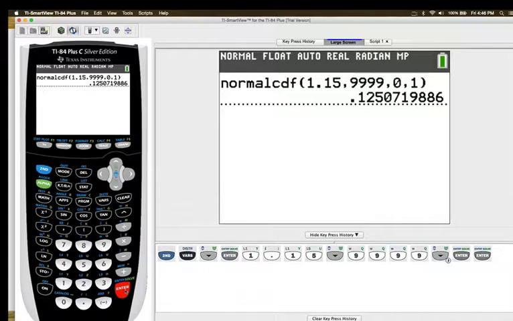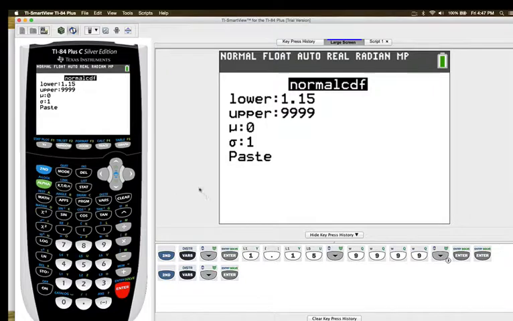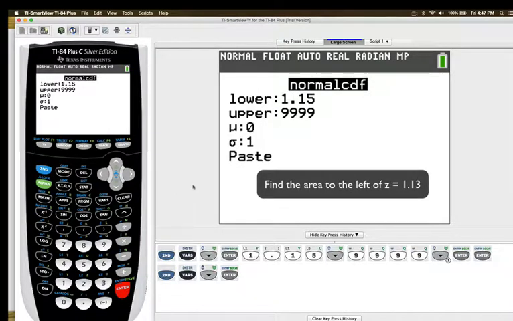Now we're looking for an area to the left. Let's say an area to the left of a z-score of 1.13. So again, we press second, VARS, scroll down to number 2, press enter. So now my lower bound is negative 9,999.